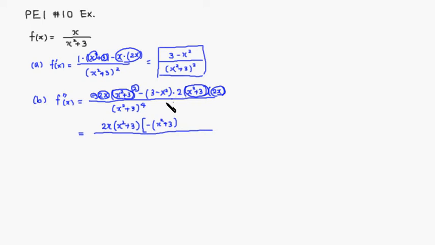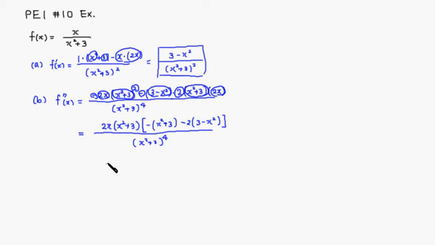Then there's a negative sign here, so negative, and there's 2, times quantity 3 minus x squared. That's everything on top. Then you have the denominator, which is quantity x squared plus 3 raised to the 4th power.